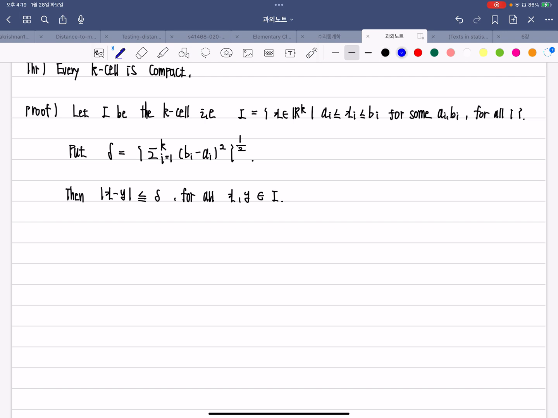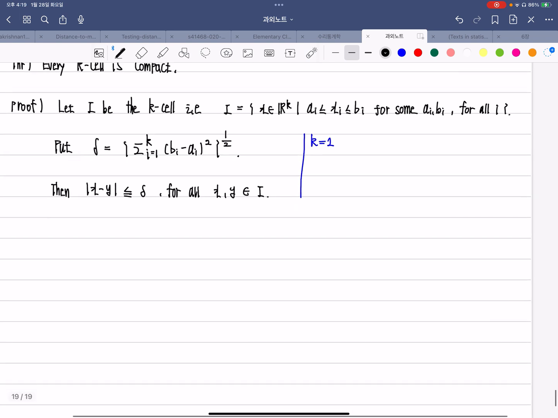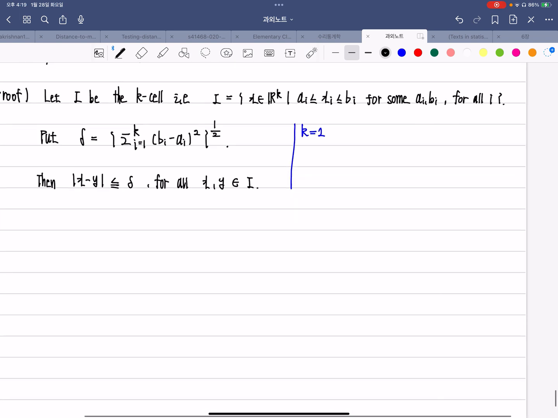For example, if k is 2, we can understand these statements by this figure.